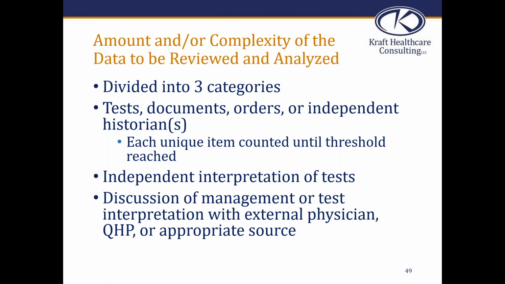It was divided into three categories, which are tests, documents, orders, or independent historian. Each unique item counted until the threshold is reached. Again, the thresholds are listed on the table. Independent interpretation of test, discussion of management or test interpretation with external physician or QHP or appropriate source.